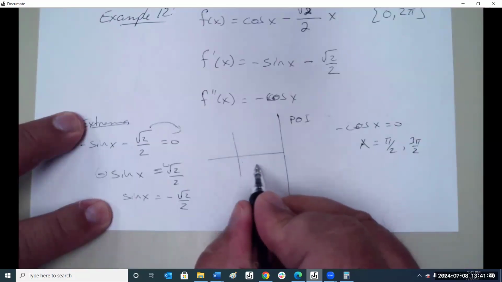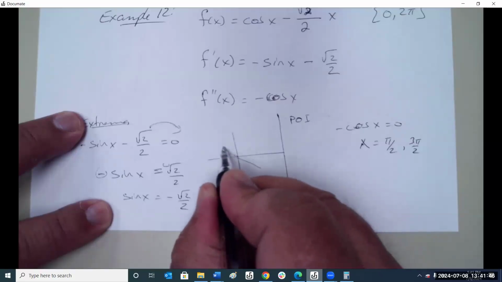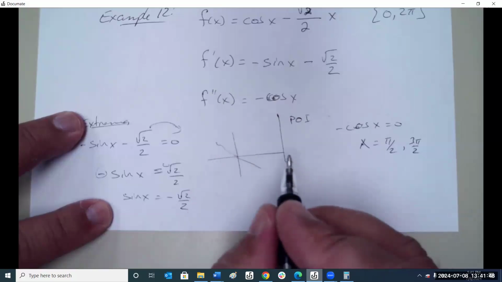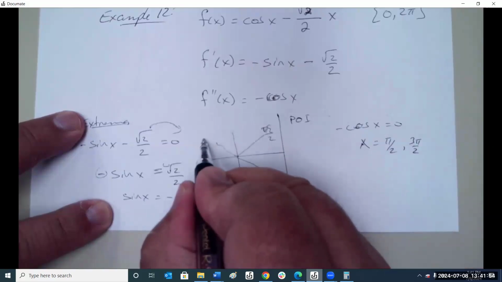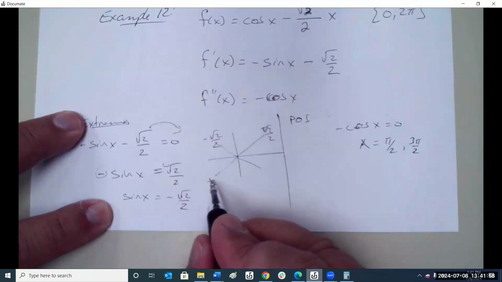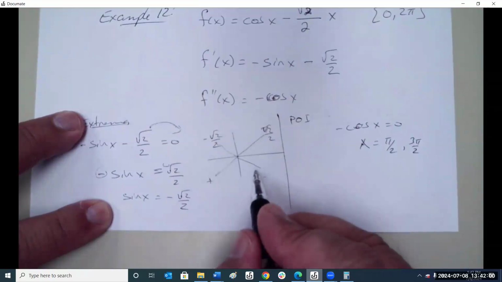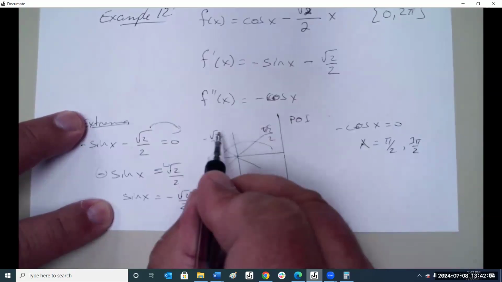So where does it equal negative square root of 2/2? Because square root of 2/2 is positive here, negative here, positive here, and negative here. But we only want it in this domain, which is 2 pi.